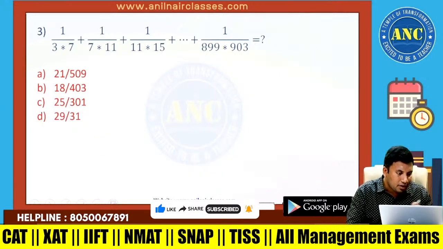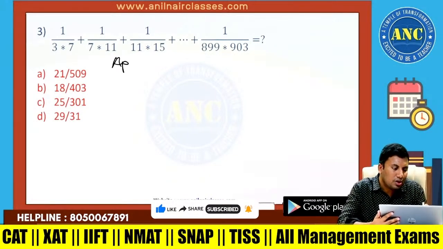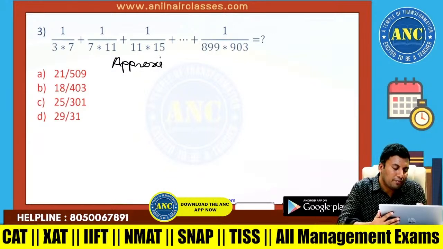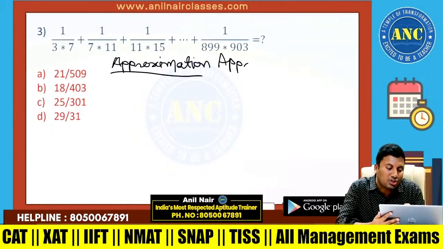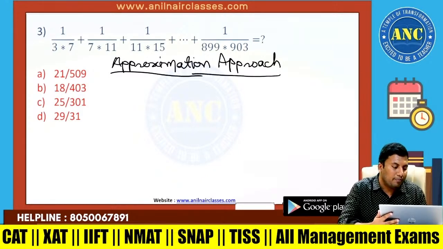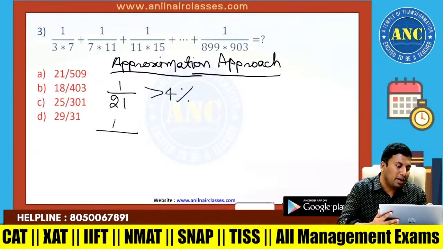Now, the approximation approach. In my class, I am not just going to solve the problem. I am going to tell you various approaches so that, depending upon your practice, you can solve the problem. 1 by 21 is greater than 4%. 1 by 7 into 11, 7 into 11 is 77, is greater than 1%.